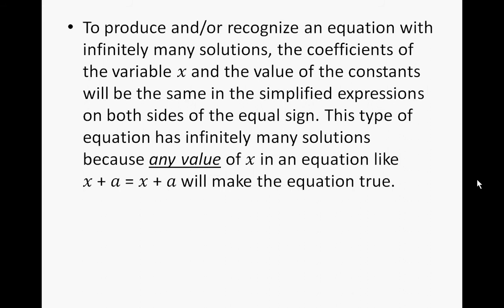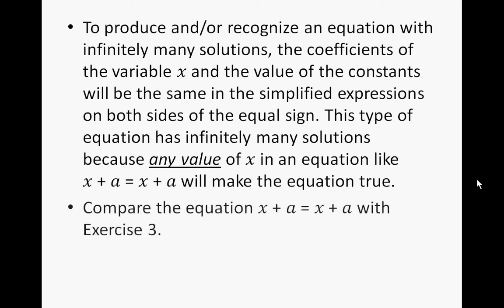This type of equation has infinitely many solutions because any value of x in an equation like x plus a equals x plus a will make the equation true. So compare the equation x plus a equals x plus a with exercise 3.